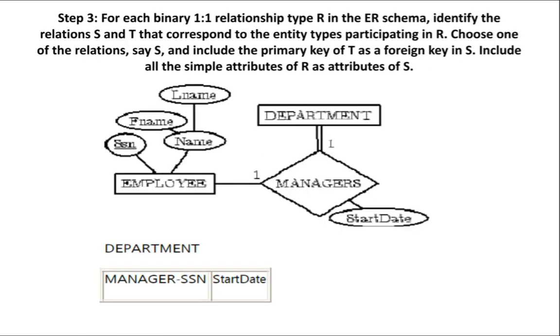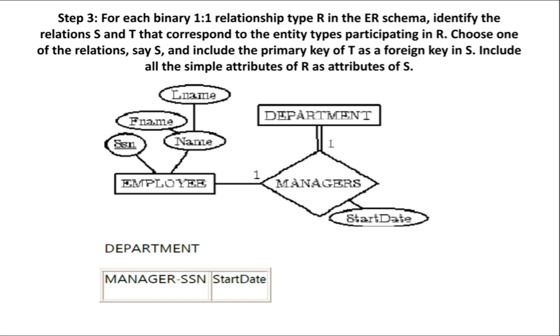Step 3, if you come across a 1:1 type of relationship, for example, a manager manages the department, what you have to do is create a separate table only for this type of relationship. After creating the separate table, you have to choose any one between employee and department. I choose the department.